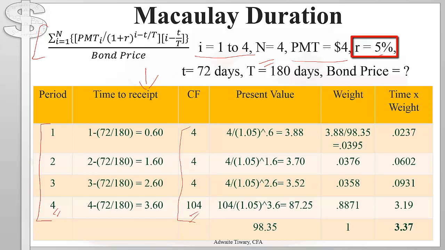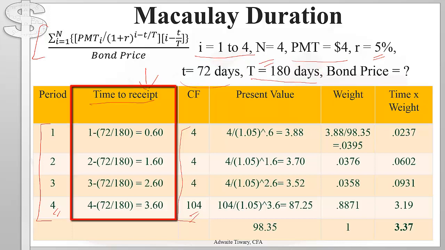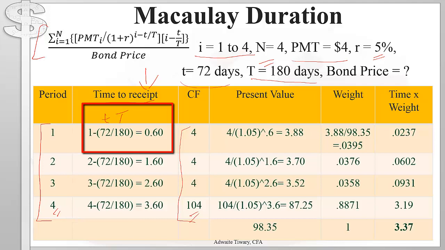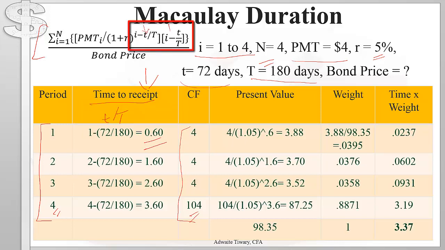R equals 5%. Little t equals 72 days, and uppercase T is 180 days. If we look at the second column, time to receipt, we see that 1 minus little t over capital T equals 0.6, which is the terms here and here.